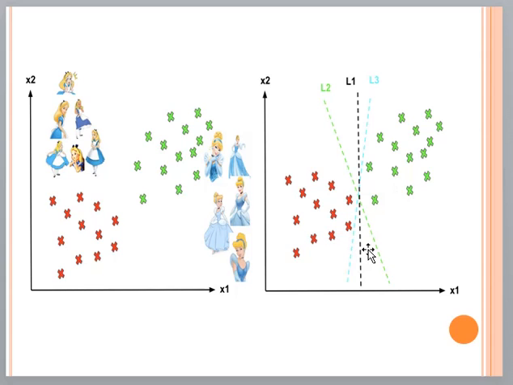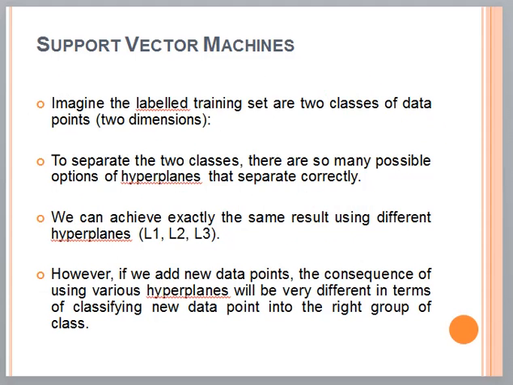So you see that we can have multiple hyperplanes, and all those multiple hyperplanes, for example L1, L2 and L3, can successfully separate the two sets of data into two categories. So this point I have explained here, that we can have multiple hyperplanes L1, L2 and L3, and all these hyperplanes can successfully achieve their desired objective.